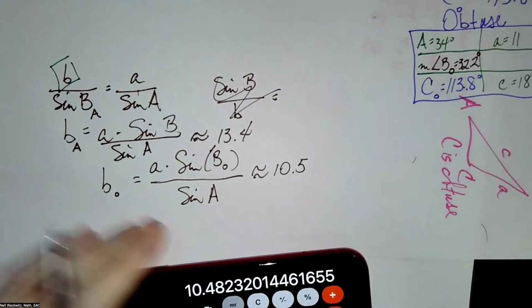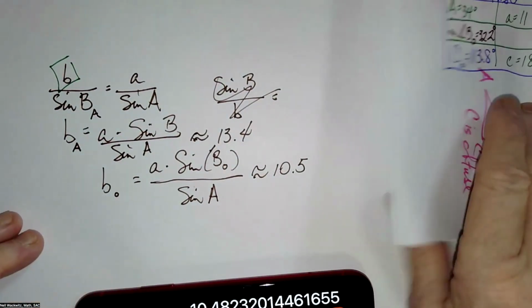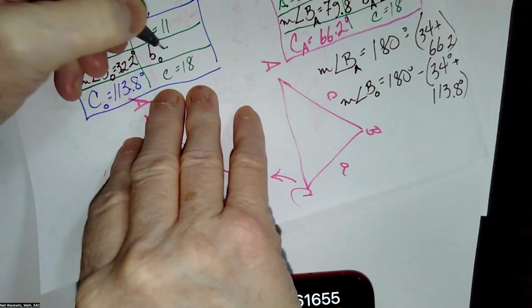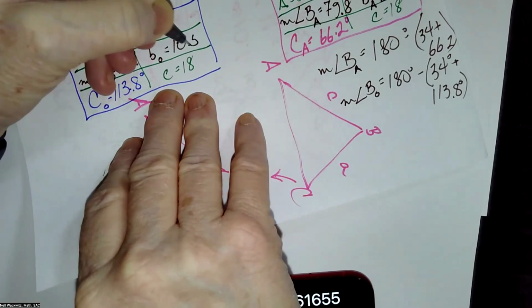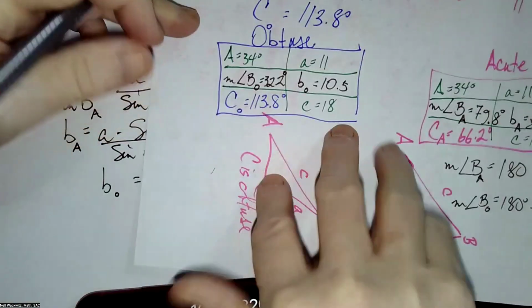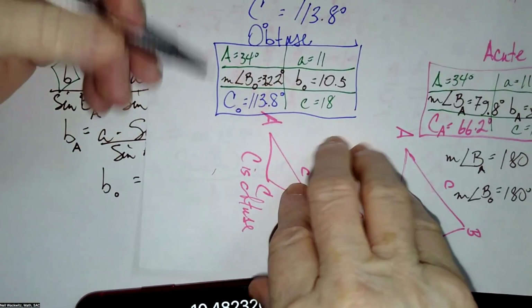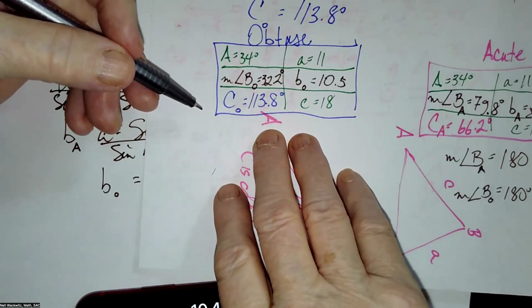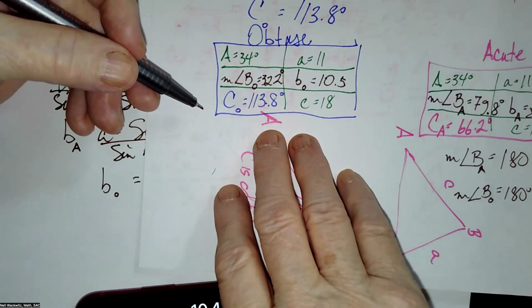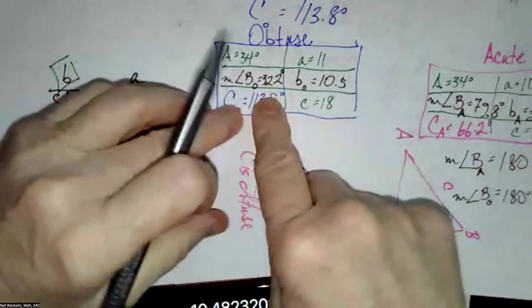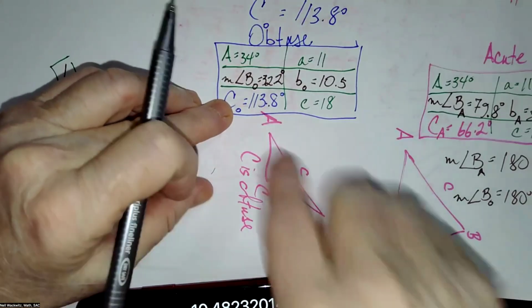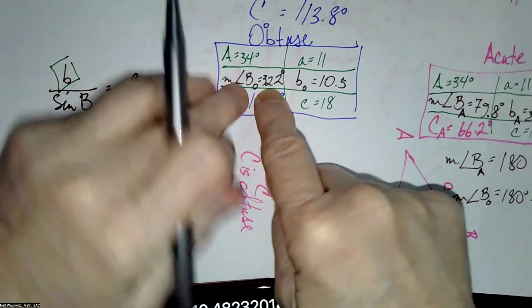And let's make sure that this makes sense. So we've got little b is 10.5. Which angle is the smallest? B. Yeah, good. So B is smallest.